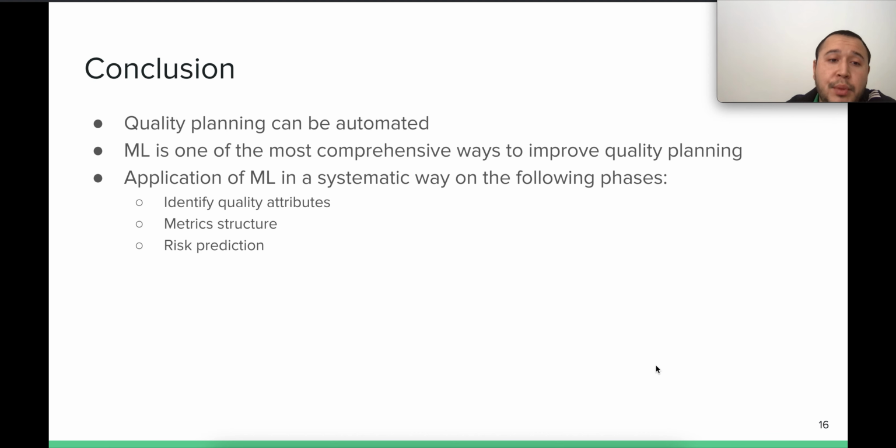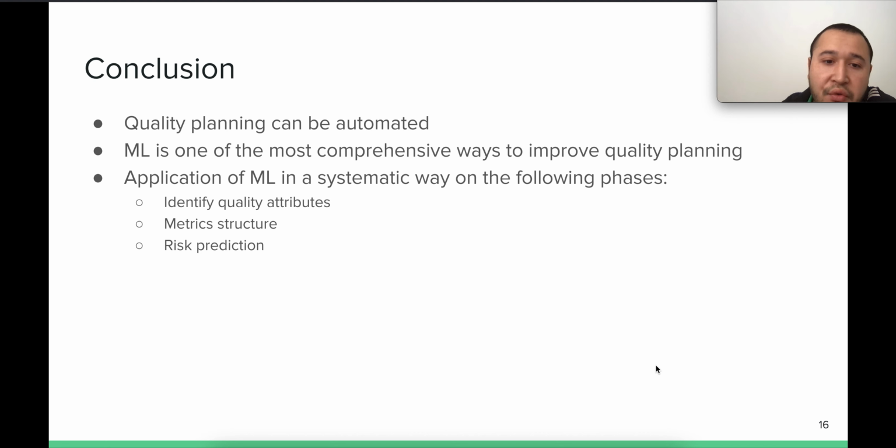So this machine learning is one of the most comprehensive, or one of the best ways to improve quality planning. Again, we have suggested the application of ML in a systematic way on the following phases: identify quality attributes, metric structure, risk prediction, right?